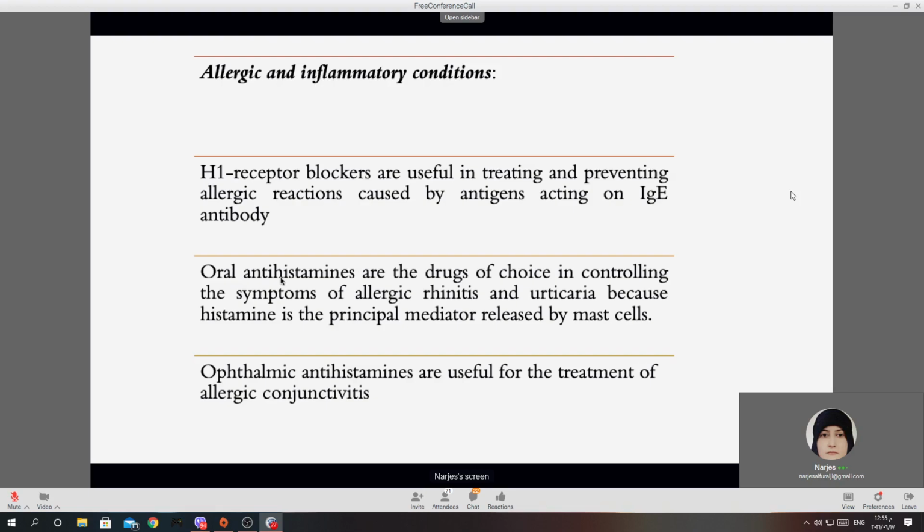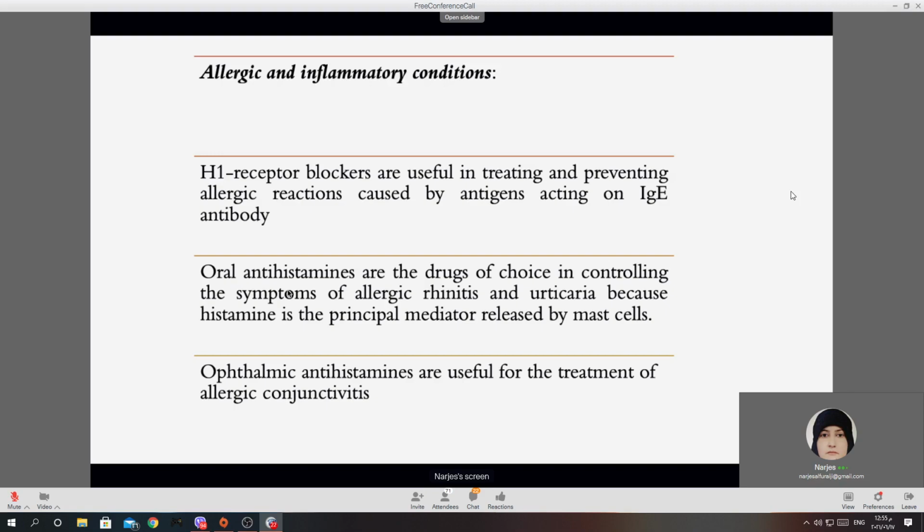For allergic and inflammatory conditions, they are useful in treating and preventing allergic reactions caused by antigen and immunoglobulin E antibody, which is triggered by the inflammatory response.